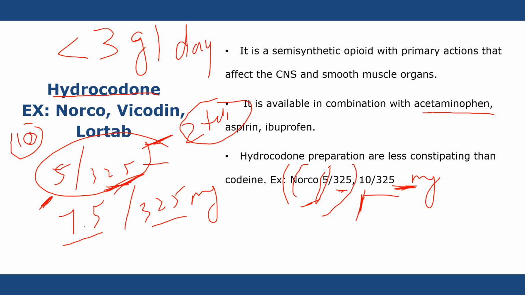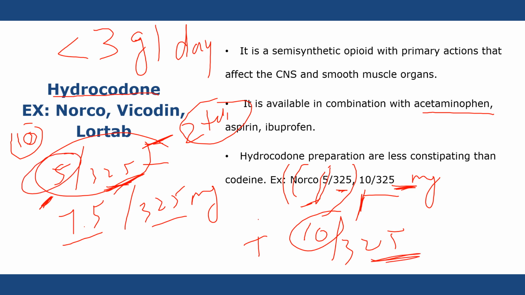We can avoid that by, instead of giving them 2 tabs of a 5-325, giving them just 1 tab of 10-325. That way they still get 10 milligrams of hydrocodone, but they do not exceed the upper limit of acetaminophen by going more than 3 grams a day or so.